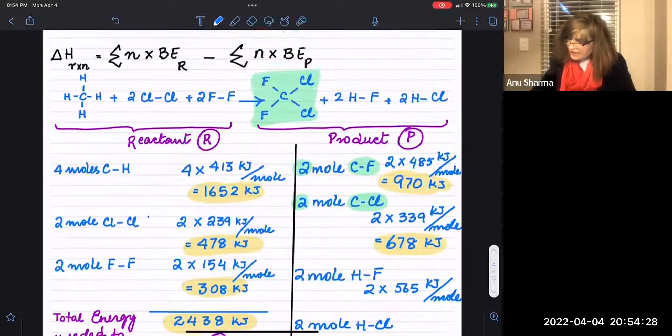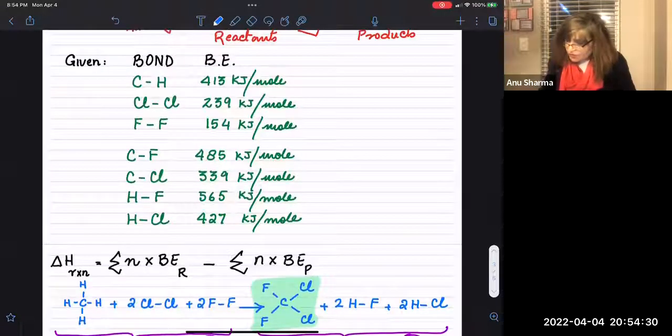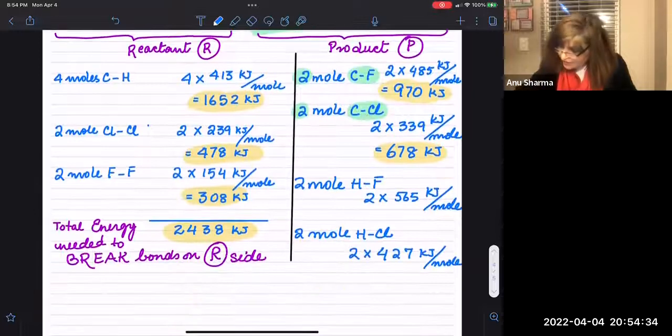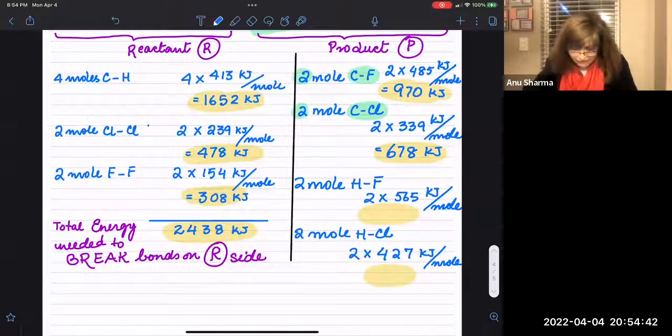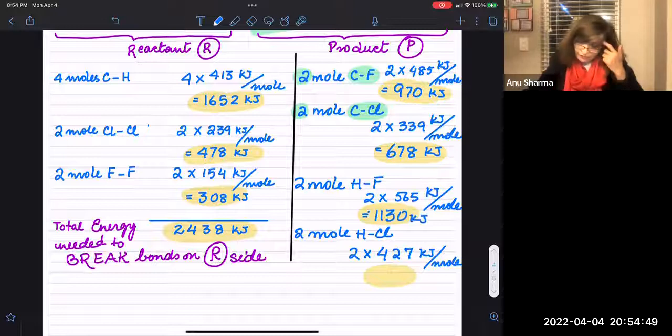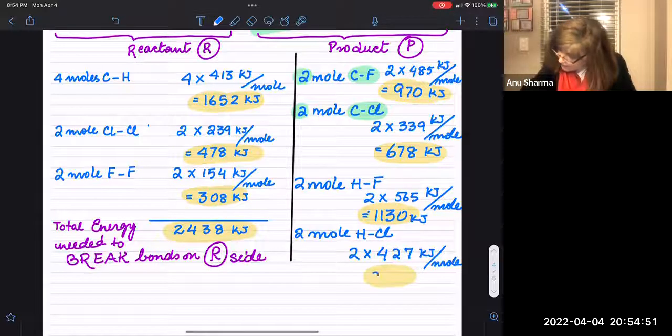Just remember that these are coming from the tables and are given to you, so you just have to plug in those numbers. So 2 times 565 is 1130 kilojoules, and 2 times 427 is 854 kilojoules.